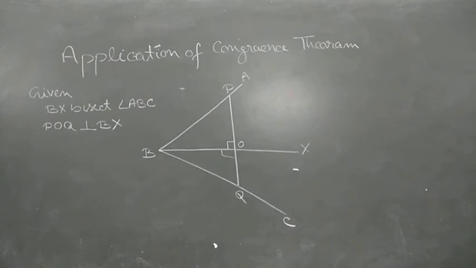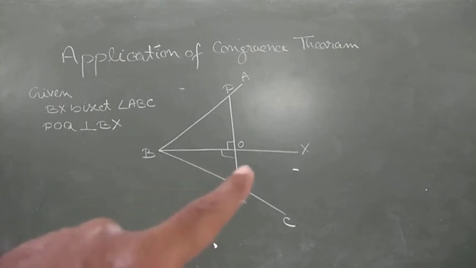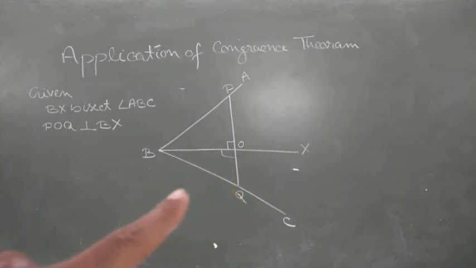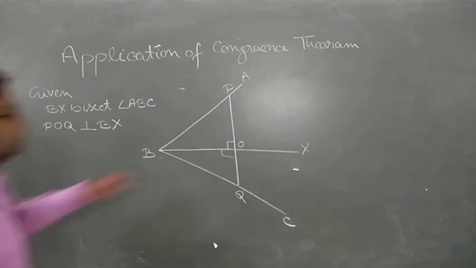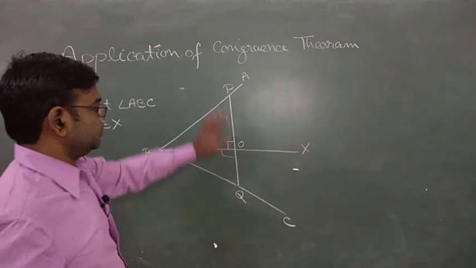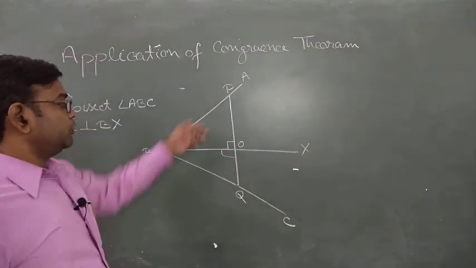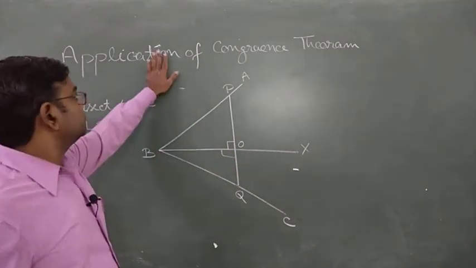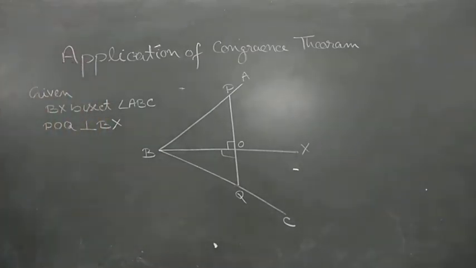Then it also says that line POQ is perpendicular to the bisector BX. The question says to prove PO is equal to OQ. It doesn't look equal, but you have to prove it by using the congruence theorem. So let's start.